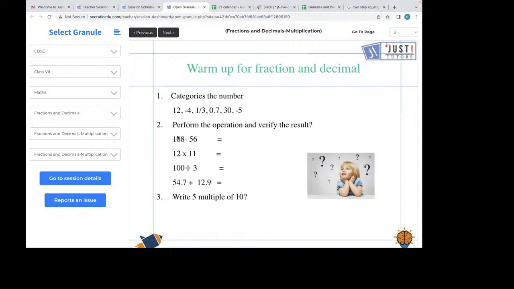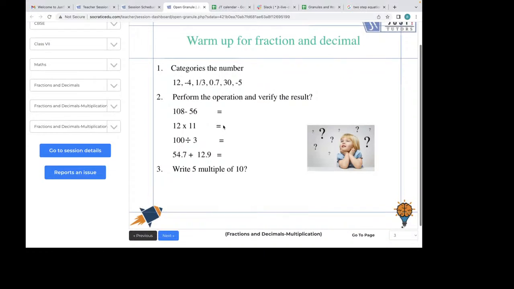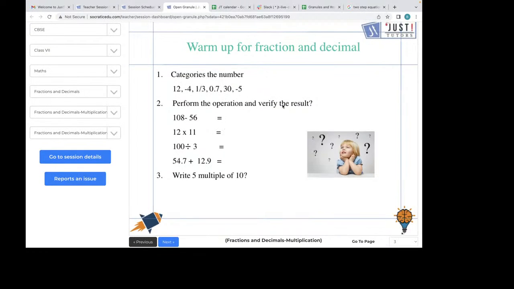All right, now let's come to question number 2. Perform the operation and verify the result. So 108 minus 56. This is quite easy for the students of 7th. You just have to do the subtraction simply.